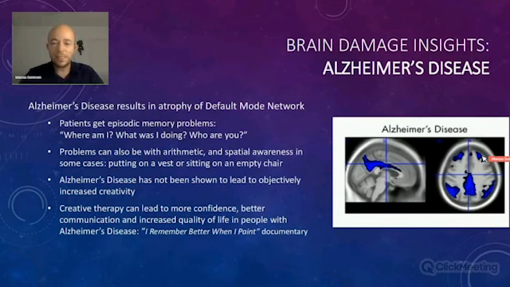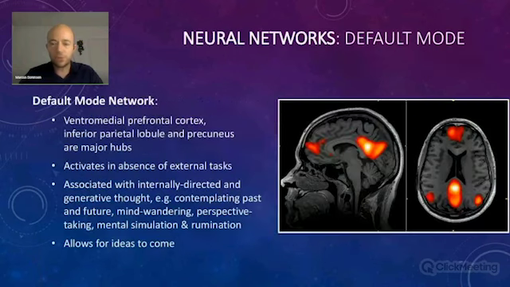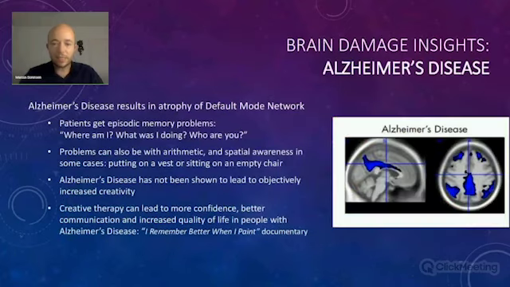So you can see these are almost the exact places that we saw earlier in the default mode network. Let me just get that up on screen again to show you. Here we are, the default mode network. So can you see here on the right how much overlay there is between that and the areas of degeneration in Alzheimer's disease?